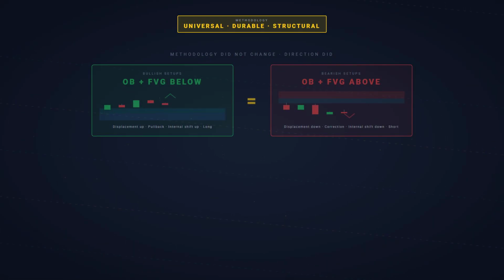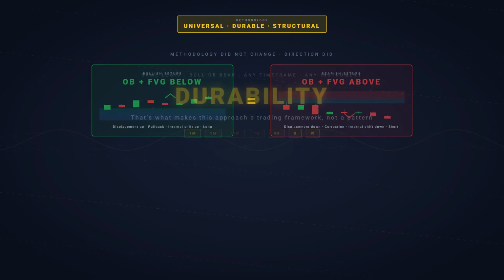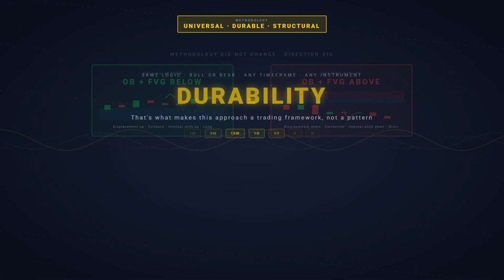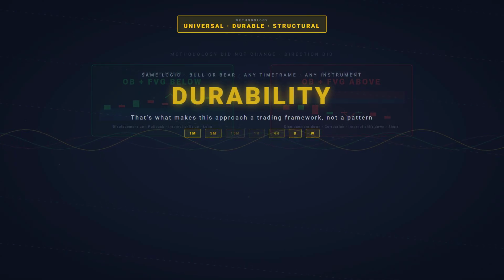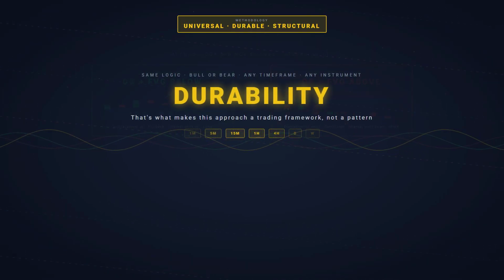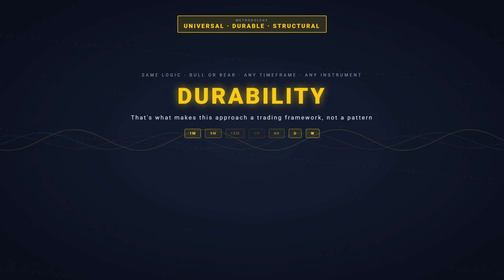The zones were different. The instruments were at different price levels, but the mechanics of identifying and entering the setup were identical. That consistency, the fact that the same structural logic applies bullishly and bearishly on different time frames, across different instruments, in different market conditions, is what gives this combination its durability as a trading approach.